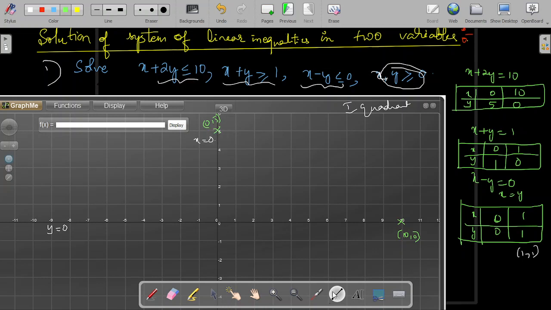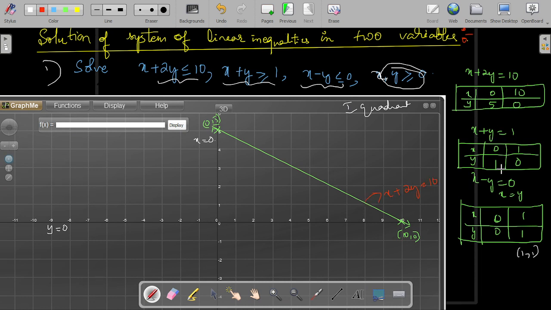So let me join these 2 points by a dark line. Yes, this is that line. So let me name the line so that there won't be any confusion. The name of this line is x plus 2y is equal to 10.